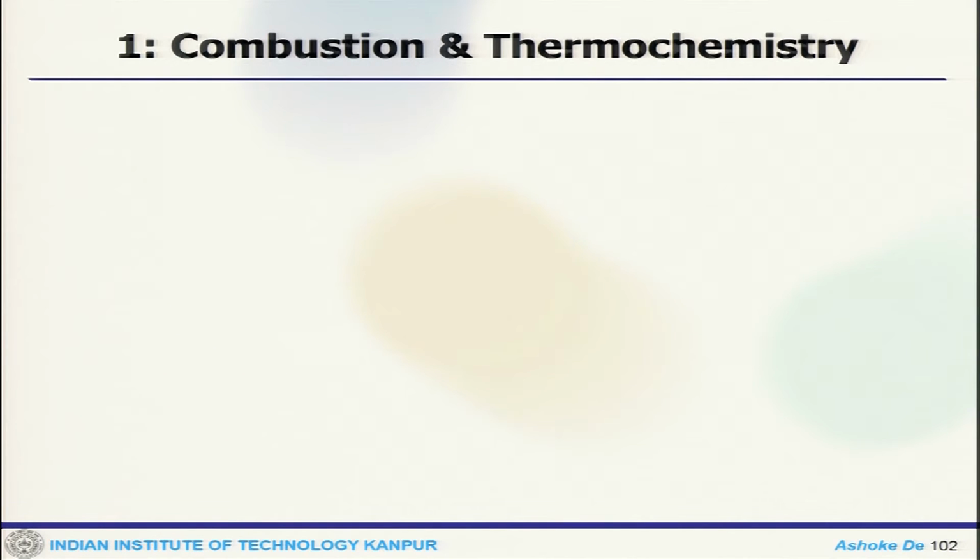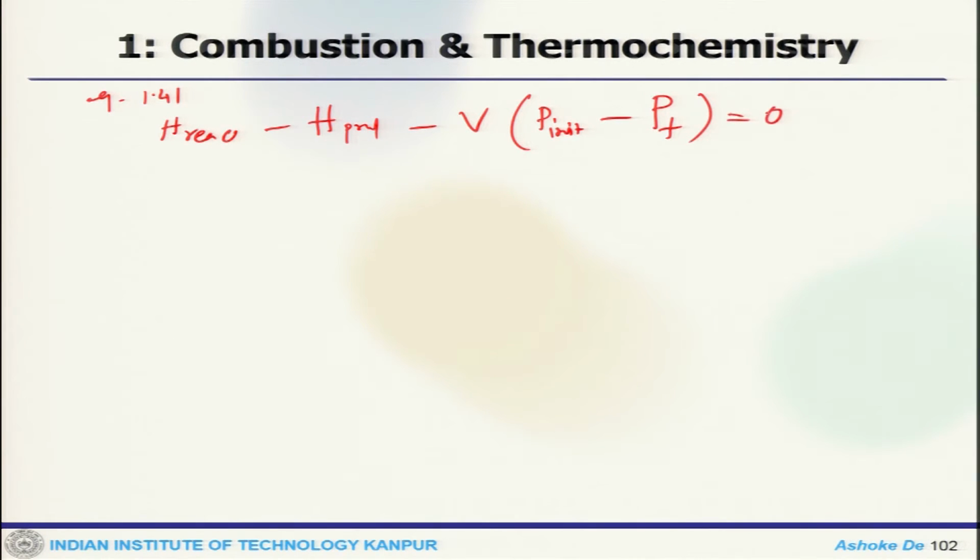Now, what you can write from equation 1.41 is H reactant minus H product minus V times P initial minus P final would be 0.